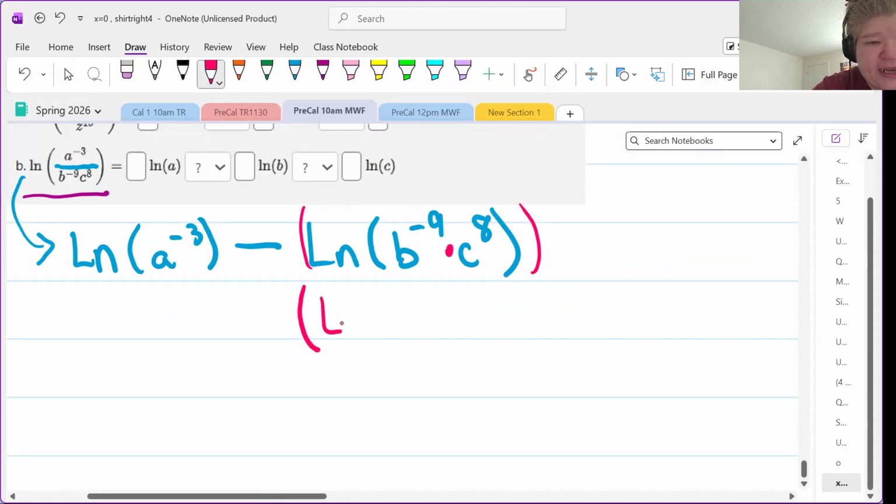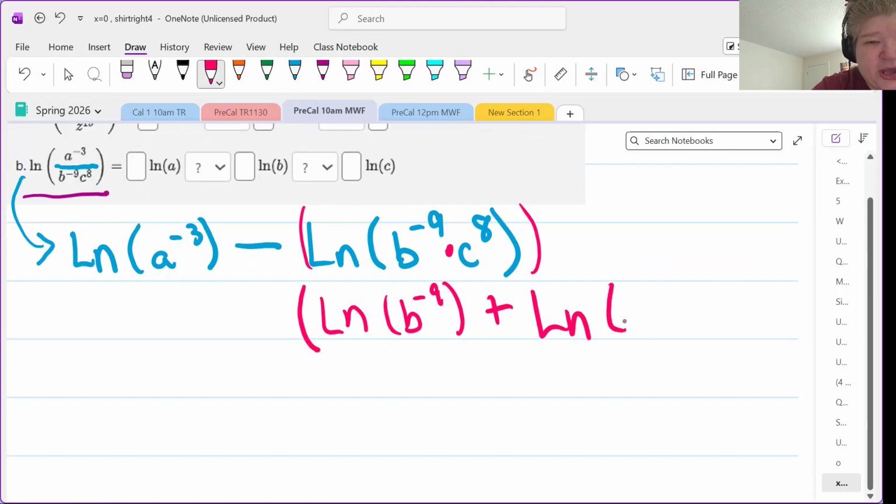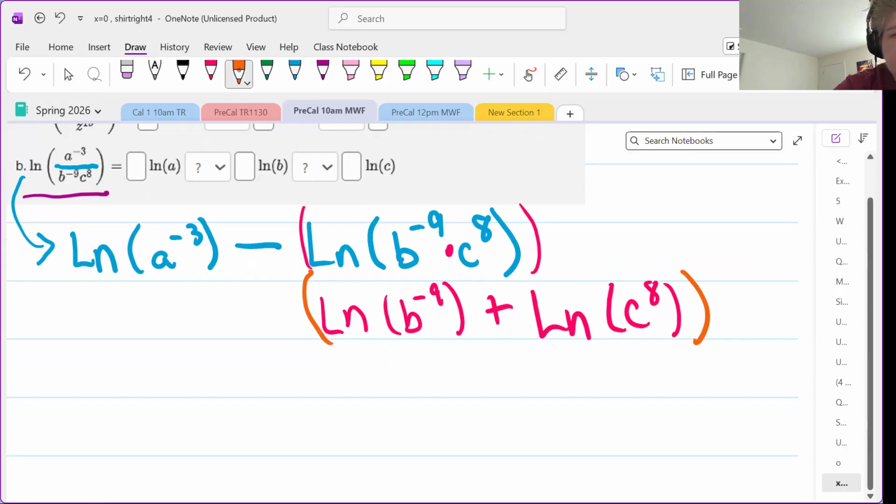So I'm about to write natural log of b to the negative ninth plus natural log of c to the eighth. I make sure that whole thing has parentheses around it, because that minus sign is going to have to apply to both of those terms.